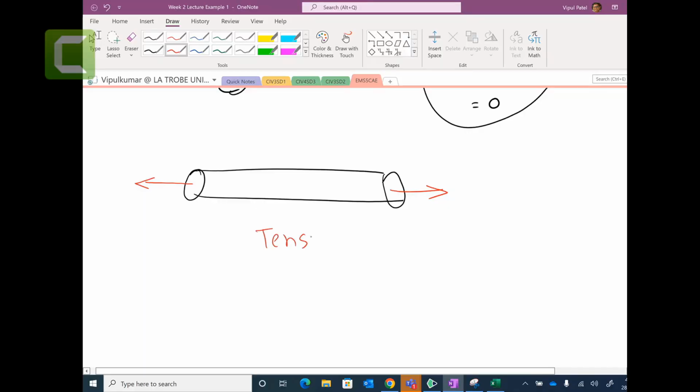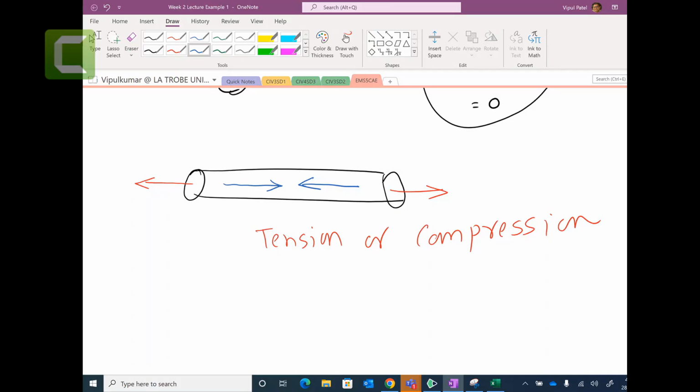Is it tension or is it compression? I'm pulling with the red arrows, pulling the two ends. The internal resistance tensions would be like this. Do you agree with me? The red one is the external tensile force, but at the same time, the blue one is called the internal tension force, and that's what we are finding. Find the internal force.